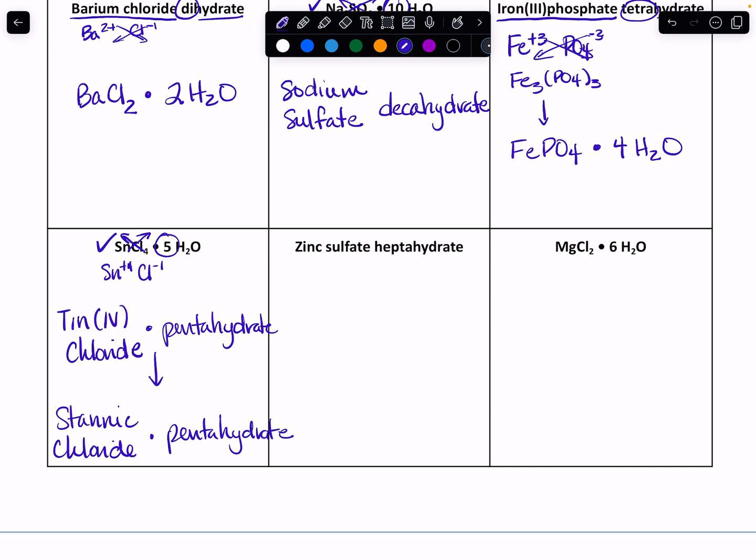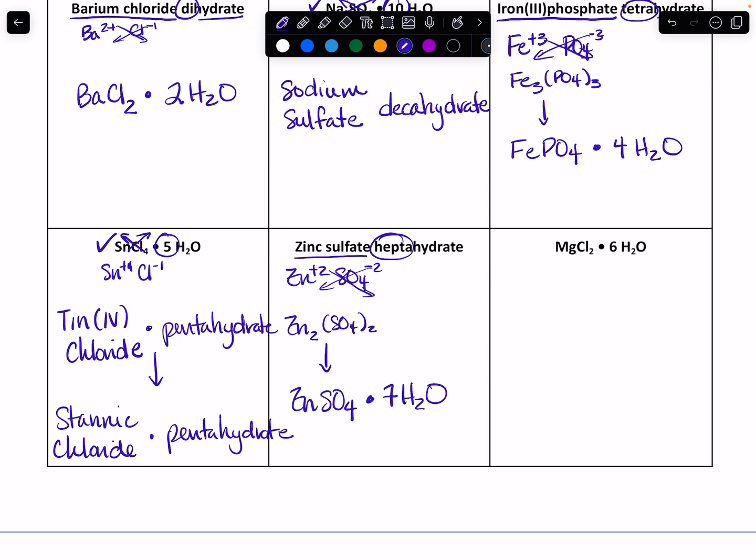Next we have zinc sulfate heptahydrate. Zinc is +2, sulfate is -2. Crossing our charges, we'd have Zn2(SO4)2, but that can be simplified to ZnSO4. Dot, hepta is 7, and hydrate is H2O.